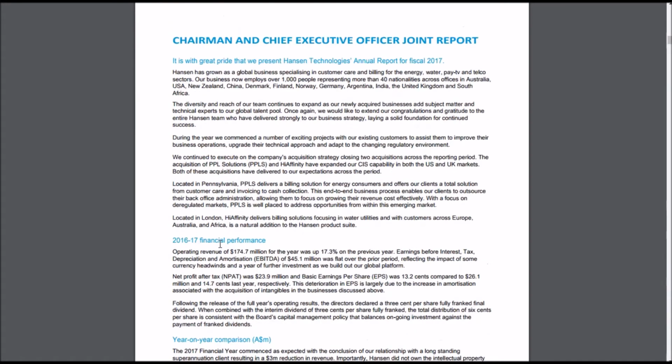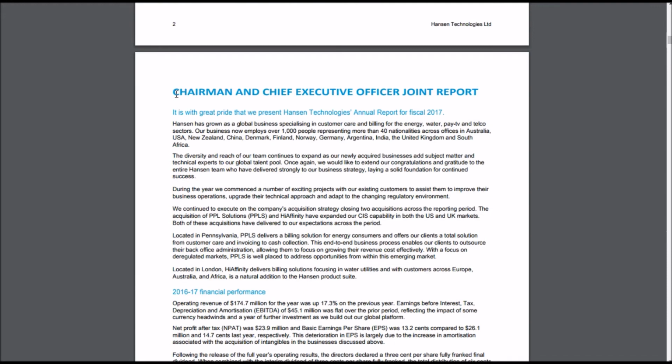Keep scrolling. Now this is fairly important stuff here. This is what the CEO, the Chief Executive Officer, has to say. Now the CEO is the most important part of any business. You've got the board that overlooks everything and may determine the strategic direction, but the CEO is the man on the ground. He's the man making the day-to-day decisions, and his opinion is very important, and it's extremely important that he's very good at his job.